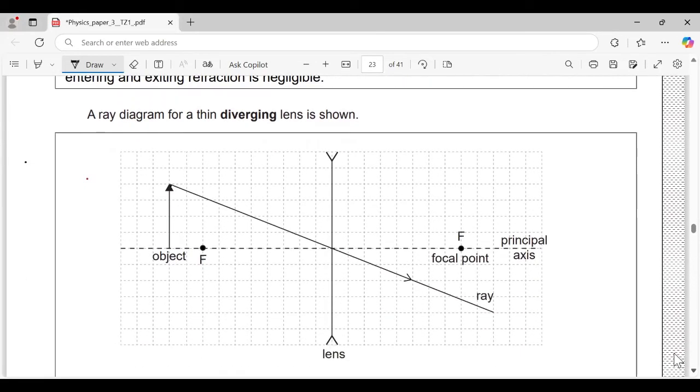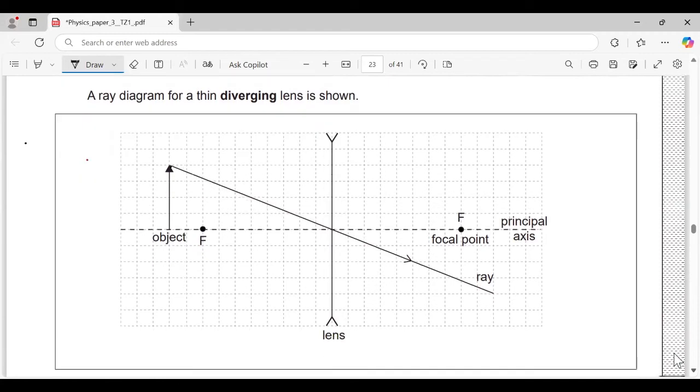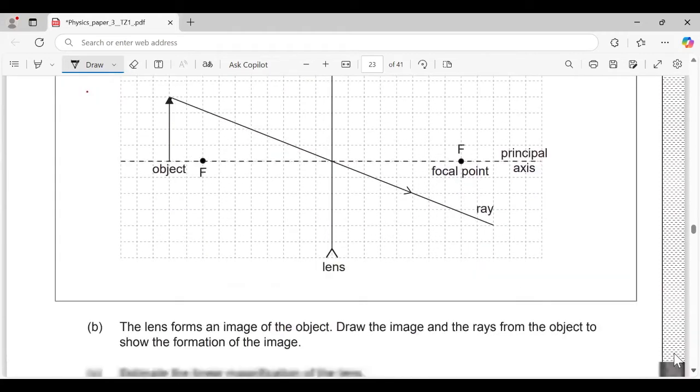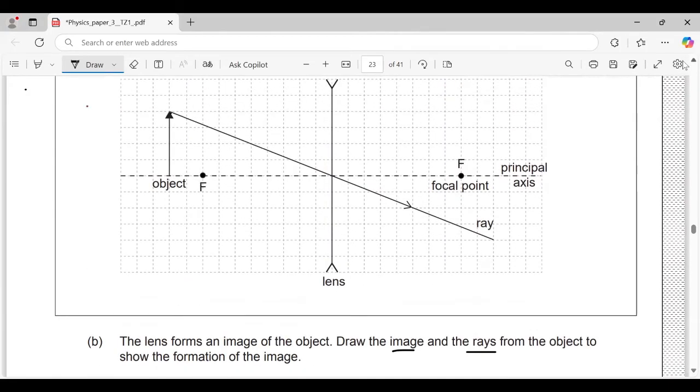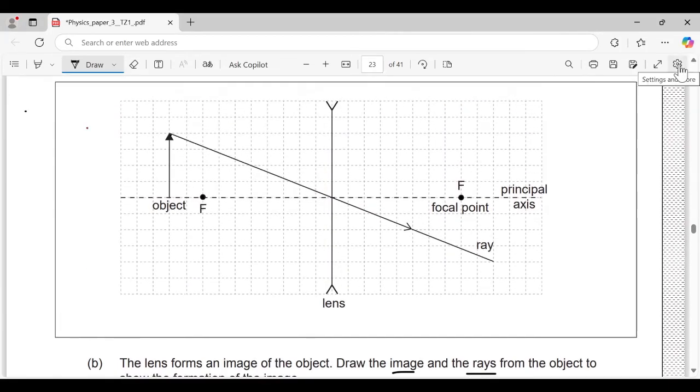A ray diagram for a thin diverging lens is shown. The lens forms an image of the object. Draw the image and the rays from the object to show the formation of the image. All right. So I would like to sketch first the straight line from the object towards the lens, like this.